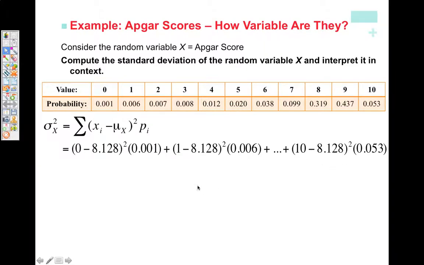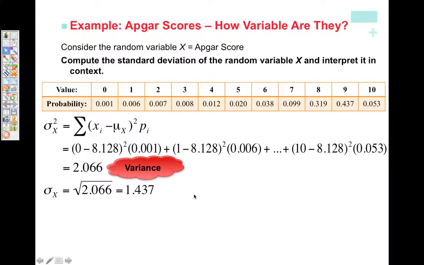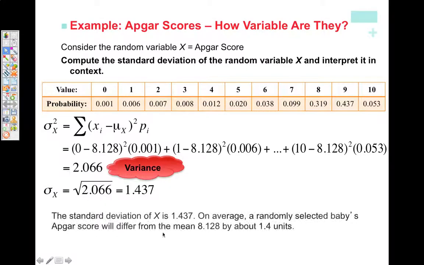We do that with all of these. We get that the variance, sigma squared sub x, is 2.066. Therefore, the standard deviation, sigma x, is 1.437. We square root. And what that means is, on average, a randomly selected baby's score will differ from the mean of 8.128 by about 1.4 units.